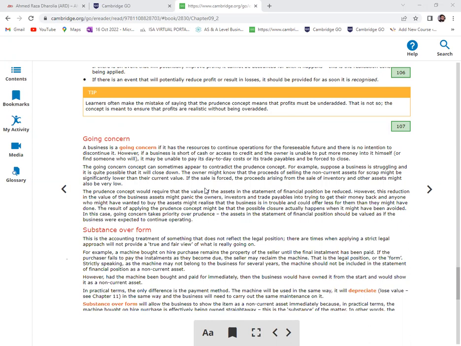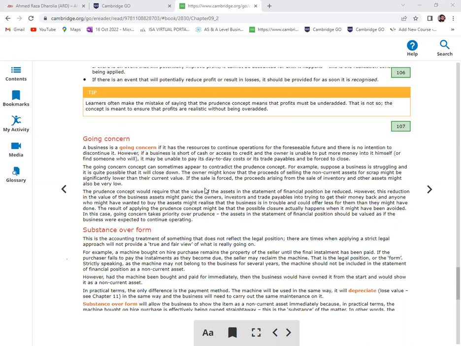As an accountant, we have reports, and because of those reports, we can judge how the business is going to perform.